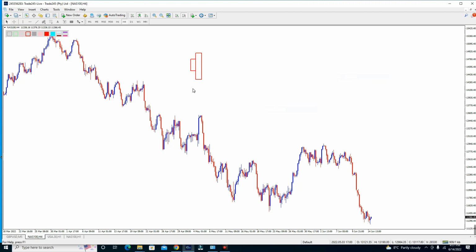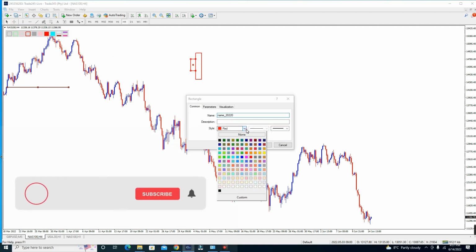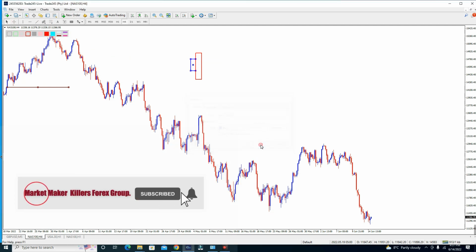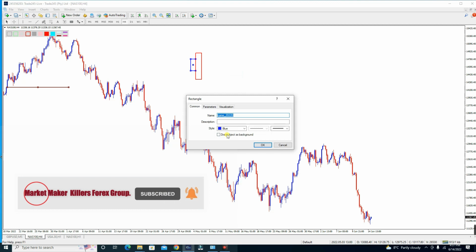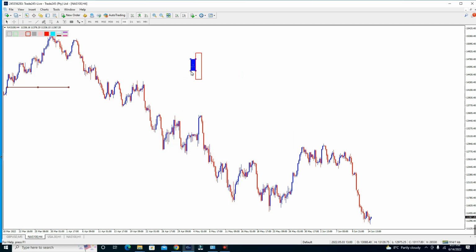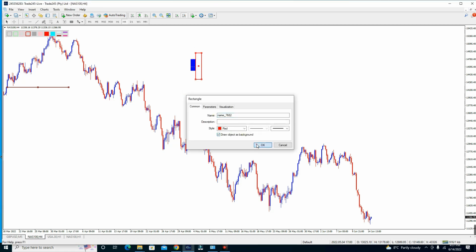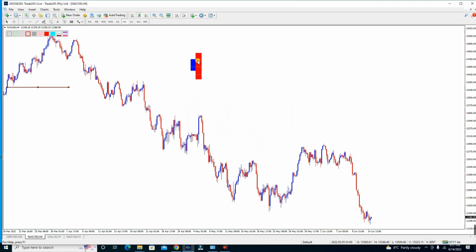So here's an example. On this type of candlestick formation, remember, we've got the first candle. Let me see if I can change the color to blue. This becomes our bullish candle. After this prints, we expect to see the next candle engulf this bullish candle.